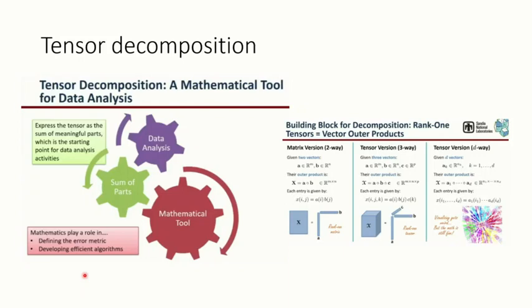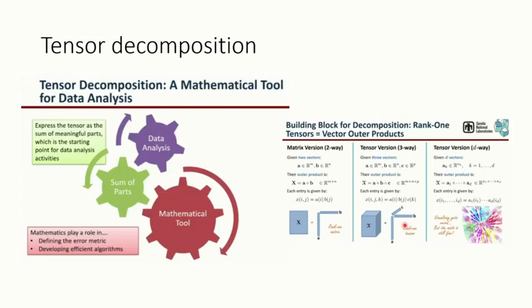Their outer product will create this matrix. If not accurate, you can add another one. So this is decomposition. Same idea for the three-way tensor. In this case, you have outer products from 3 vectors.